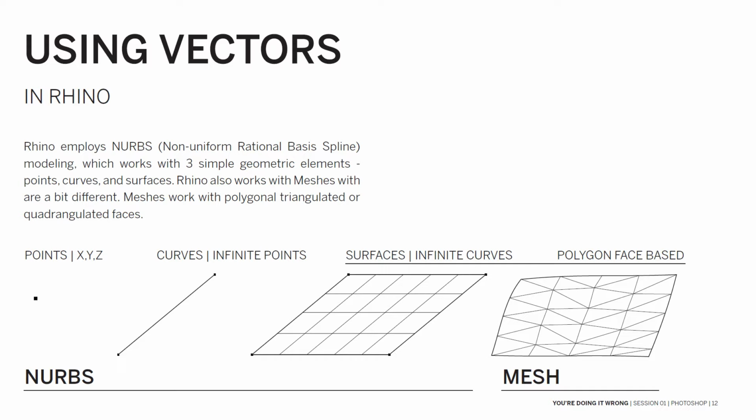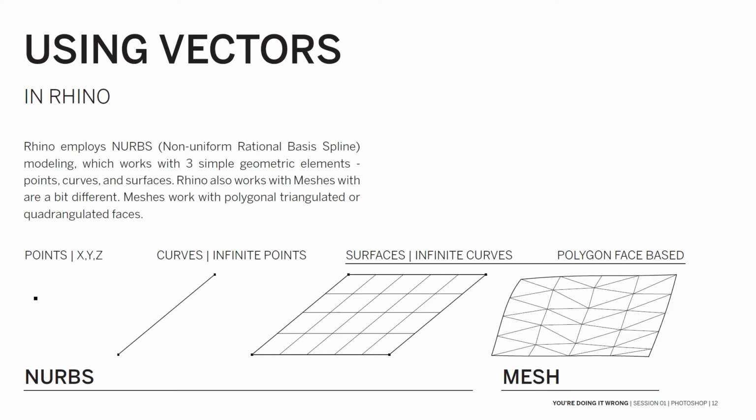Then we get to curves. Curves are what Rhino calls vectors. The reason they're called curves is because they have the potential to be curved. Now, Rhino also calls lines curves. So think about it this way: let's talk about rectangles and squares. All squares are rectangles, but not all rectangles are squares, if that makes sense.